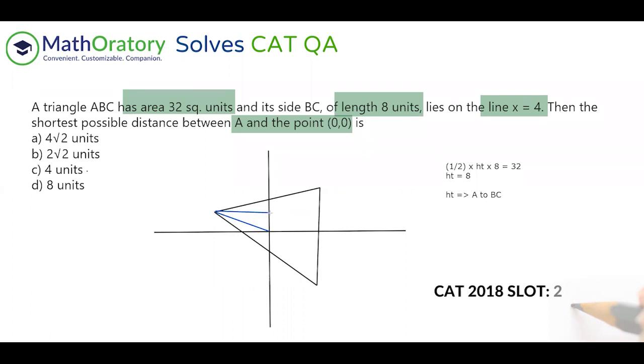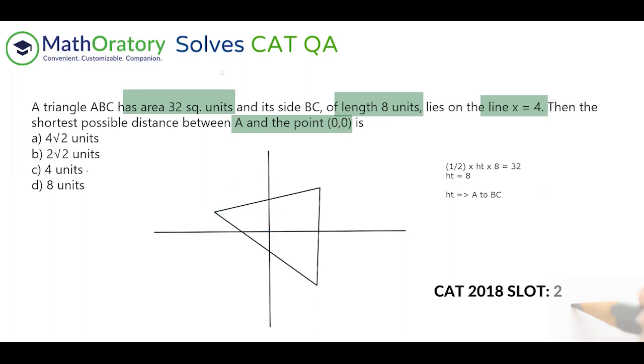This distance should be 4 units, because x equal to 4. This is the hypotenuse of this right angle triangle, so the distance of A from the origin will be more than 4 units.